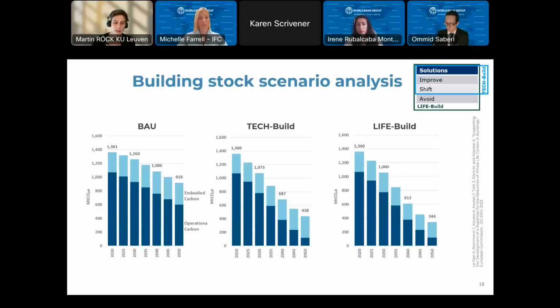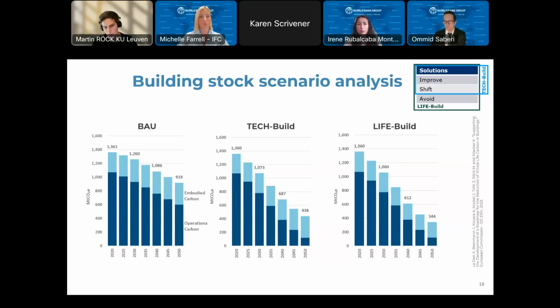So in the life build scenario, we also considered the improve, the shift, and the avoid strategies, which in practical terms meant that we would extend the service life of existing buildings, actually reduce the new construction rates and shift resources to the retrofit of existing buildings, and also apply some more strategies to take more of a sufficiency approach to buildings and to building use.